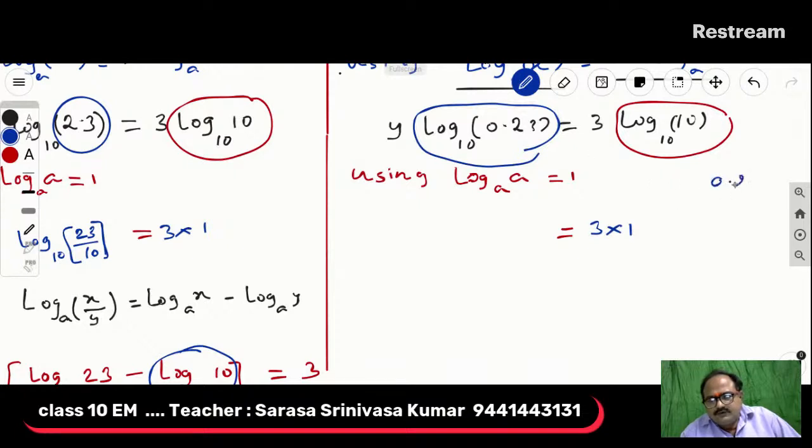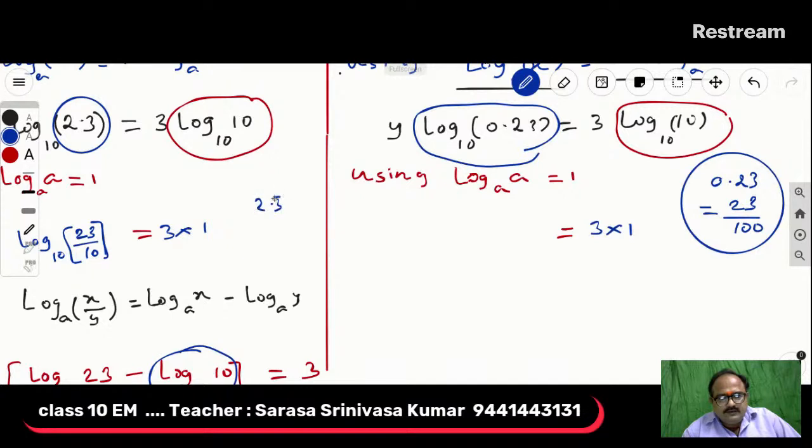So 0.23 can be written as 23 by 100. Here also I will write it. 2.3 can be written as 23 by 10.